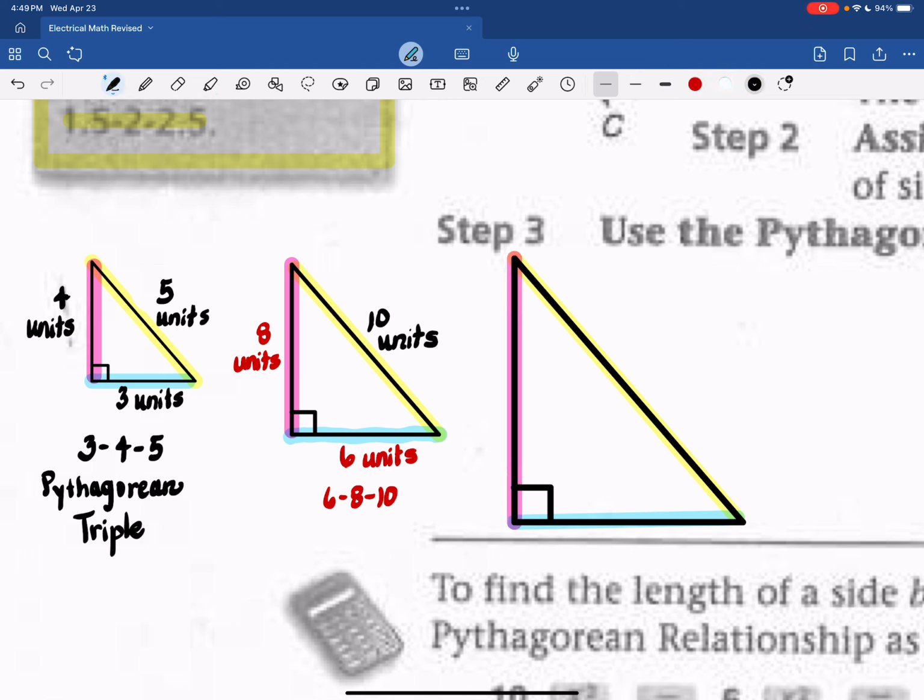I'm going to start with the hypotenuse. So 5 times 5 would be 25 units. 3 times 5 is 15 units. And 4 times 5 is 20 units. So we have found another Pythagorean triple.